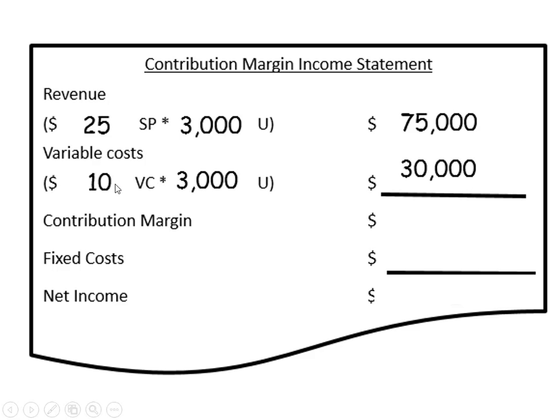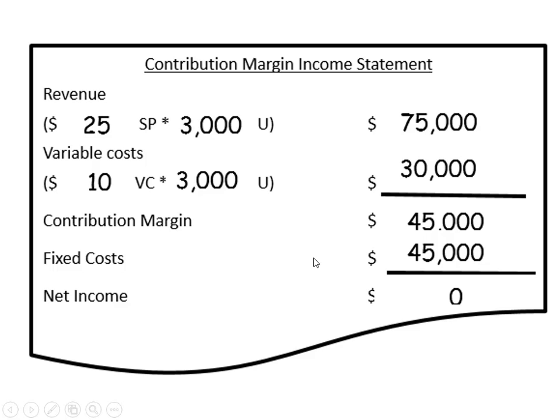Now we have our variable cost, which is $10 a unit, again times our volume, and that would be $30,000. So now our contribution margin is going to be $45,000, which is our $75,000 minus our $30,000. And then we subtract out our fixed cost, and our net income is equal to 0.